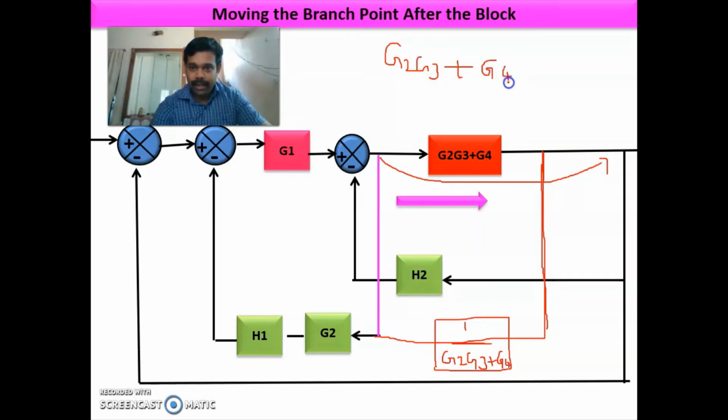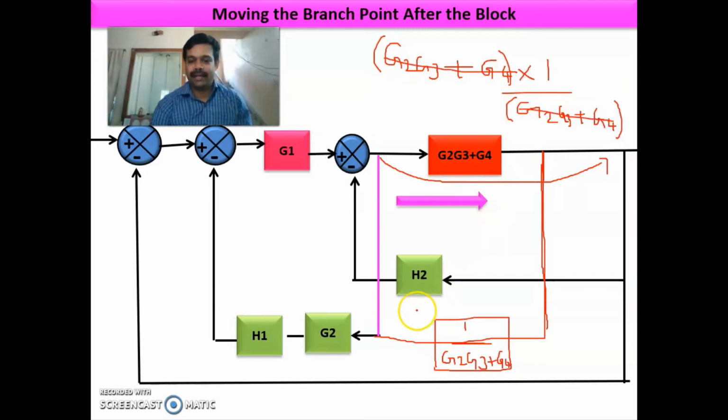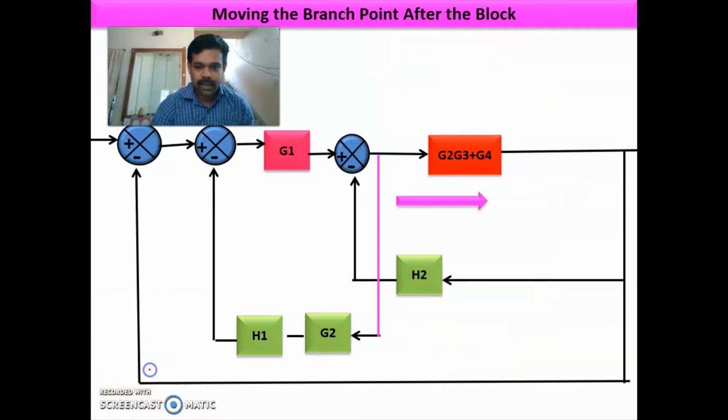So when you multiply it by 1 divided by G2 G3 plus G4, what happens? It gets cancelled. So this G2 G3 plus G4 is eliminated.